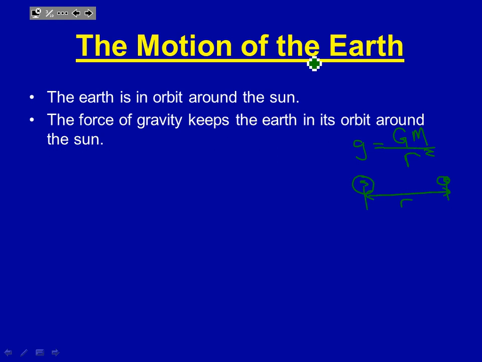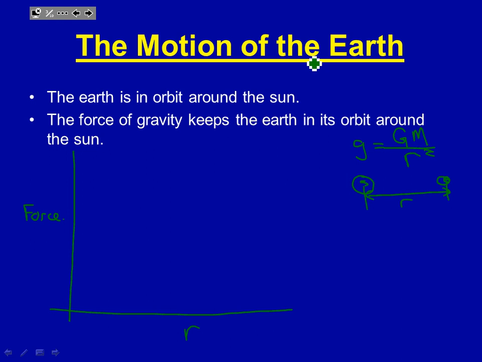But notice that this radius has a square. So what that means is, I'm now going to draw a little graph here, just a sketch. It doesn't have to be perfect. If I have the radius out here, the r, and I have the force of gravity, the force, all right, it does this.